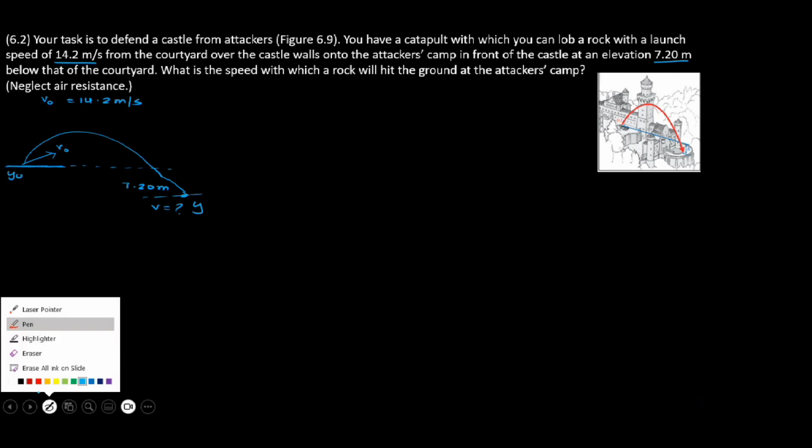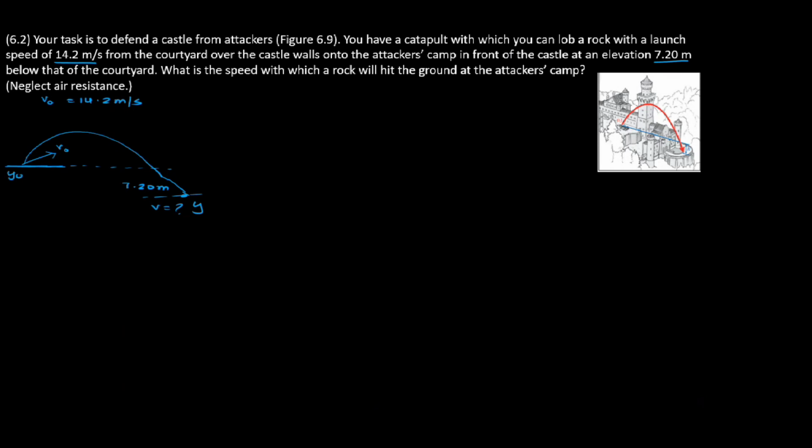Now, according to the law of conservation of energy, the total energy of the system always remains constant. That means total energy at this point must be equal to total energy at this point here. Let me call this point 1, the initial point of launch, which must be equal to total energy at point 2, my final point where the rock lands.